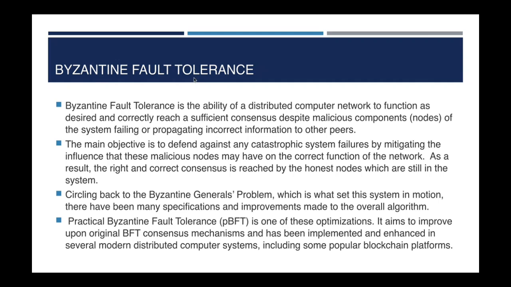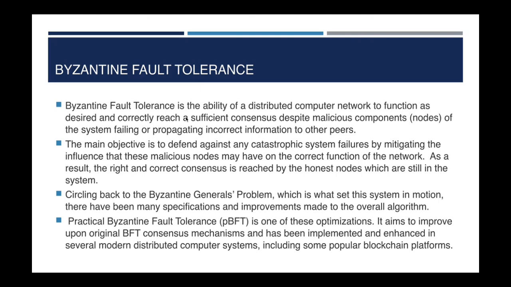Now, what is Byzantine fault tolerance? Byzantine fault tolerance is the ability of a distributed computer network to function as desired and correctly, and to reach a sufficient consensus despite malicious nodes in the system that try to propagate incorrect information to other peers in the network.